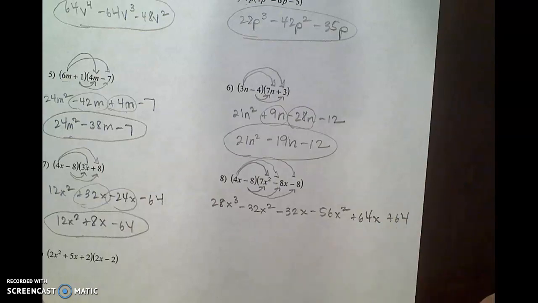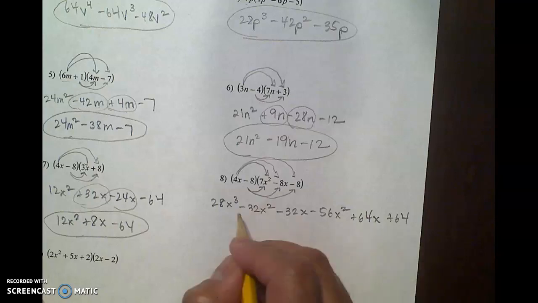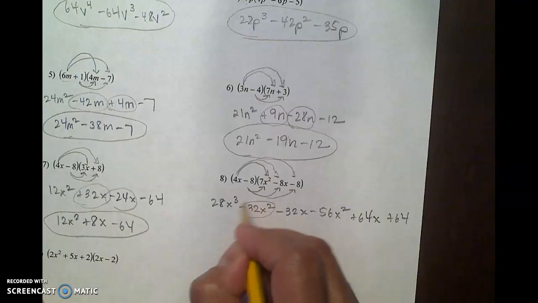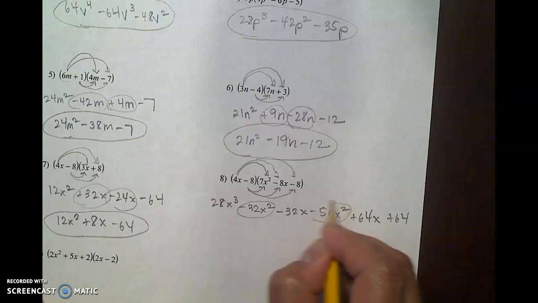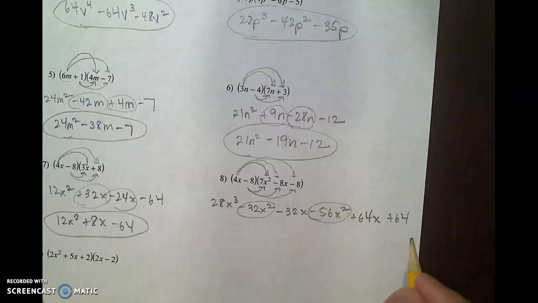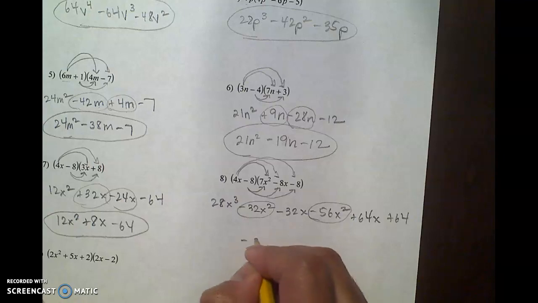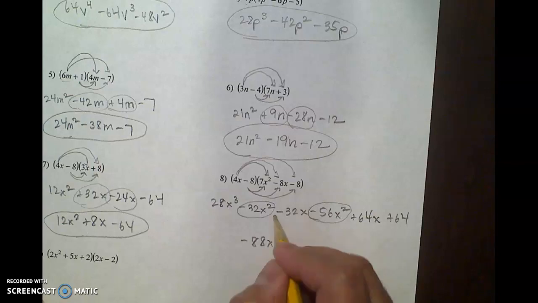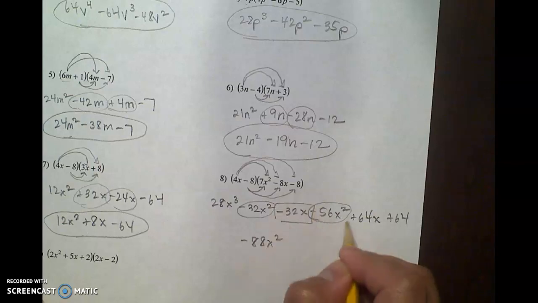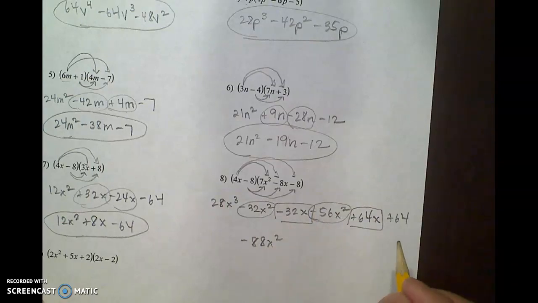Okay, so now again we have to look for like terms. Here we have a negative 32x squared and a negative 56x squared. Like terms, same variable, same exponent, so we have to combine those. So that becomes a negative 88x squared. Negative 32x and positive 64x are like terms.